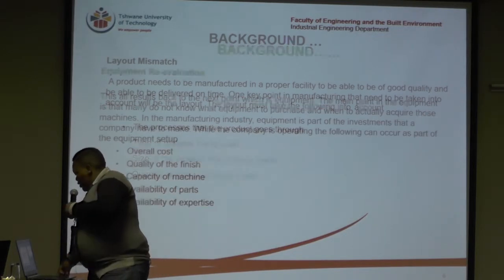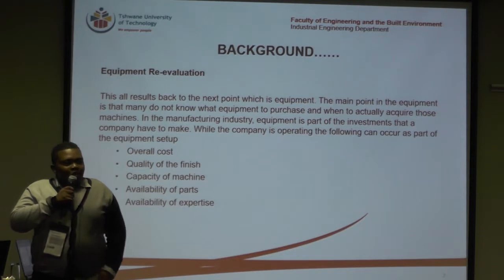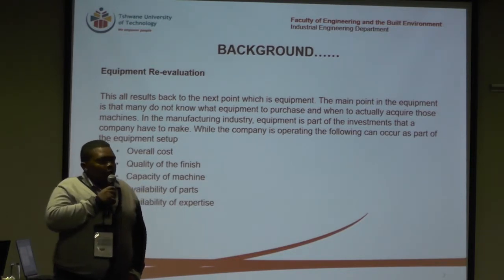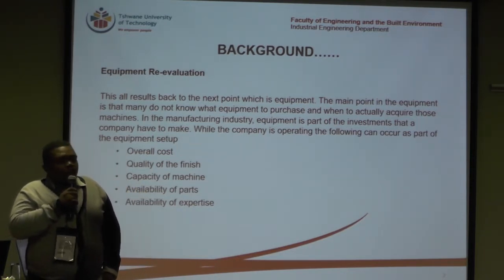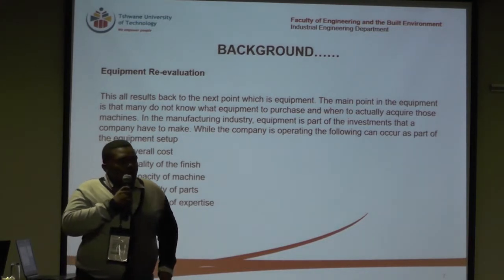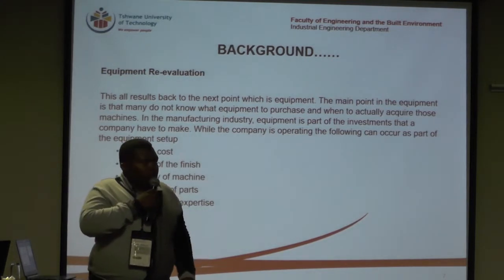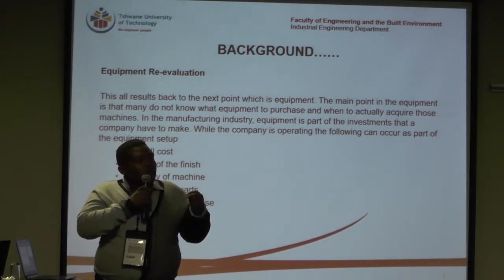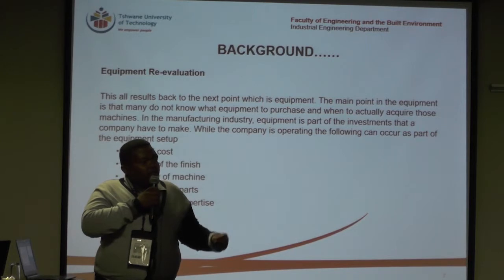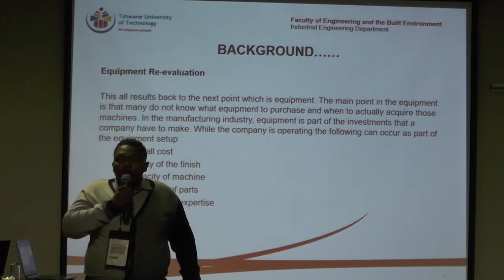The last one is equipment. You have this equipment, you're producing this new product. How are you going to look into it? How are you going to justify that when you have this equipment, you will use it effectively or efficiently? This is where we have to go as well.